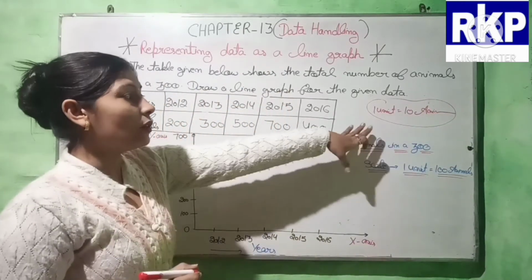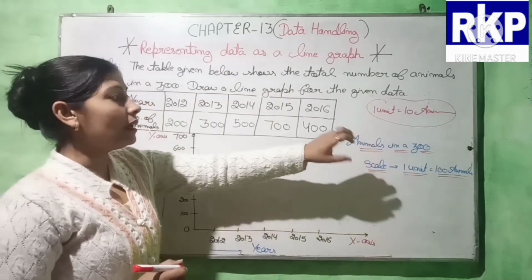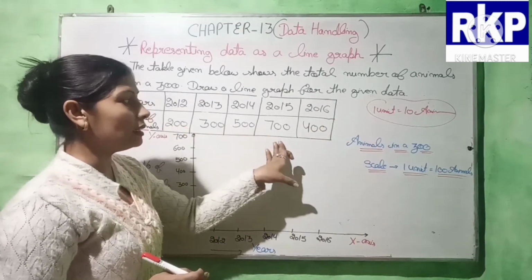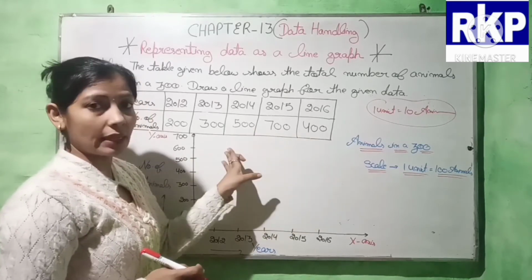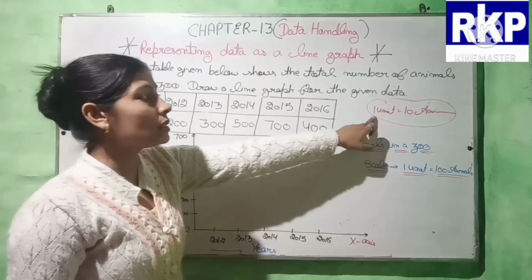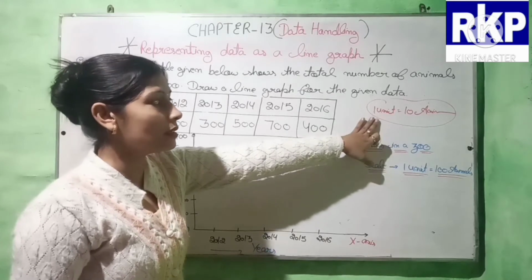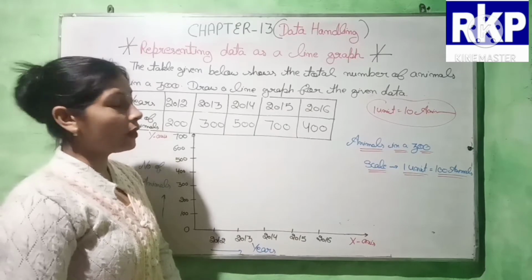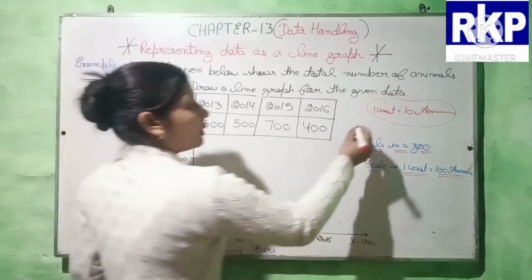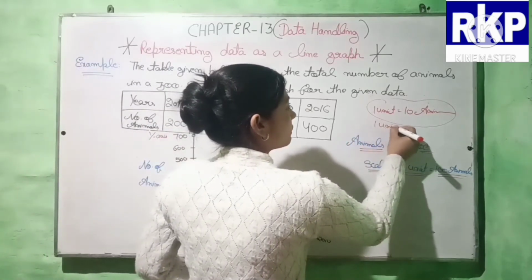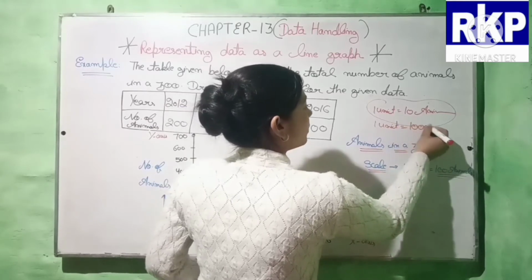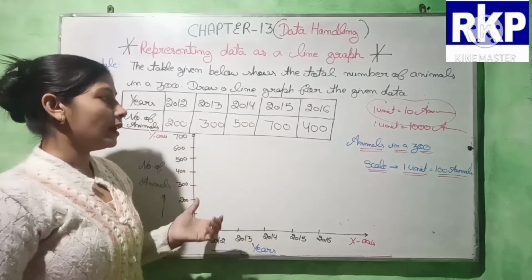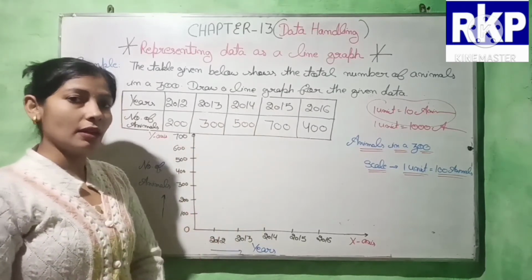And if we have 2000, 3000, 5000, 7000, 4000 like this data, then we cannot use this scale, because by using this we cannot represent the given data easily. Then we will use 1 unit is equal to 1000 animals. So जो given data है उसके according ही हमें scale का use करना है.